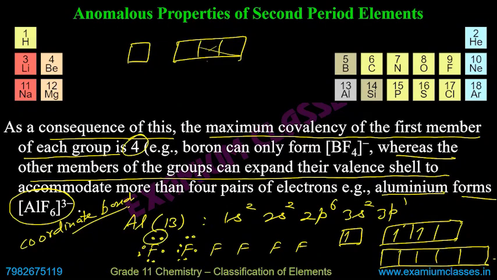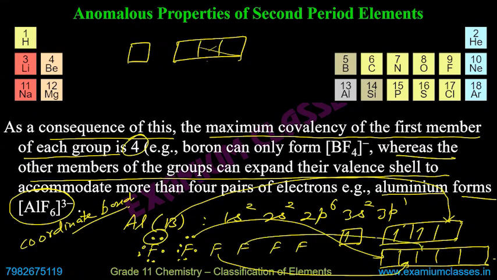Each fluorine gives both of its electrons to 6 empty orbitals. That's how 6 fluorines are there. Why can it happen? It can happen because aluminium has d orbitals. Why can it not happen with boron? Because for boron, the highest shell is 2, and 2 cannot have d orbitals.